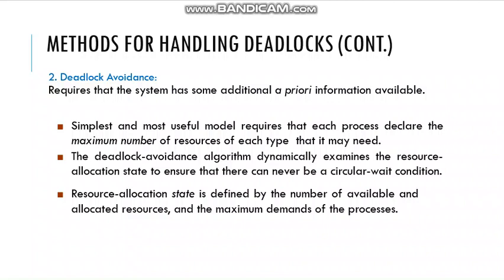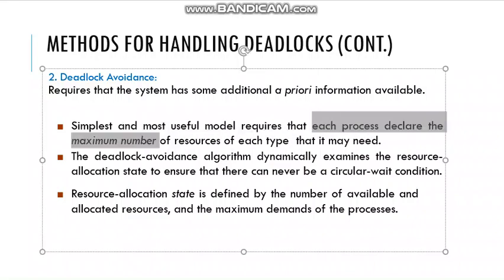So what information does it use? In the simplest model, each process will declare the maximum number of resources it needs. Whenever we take the system model, we will have a snapshot of what those processes require.